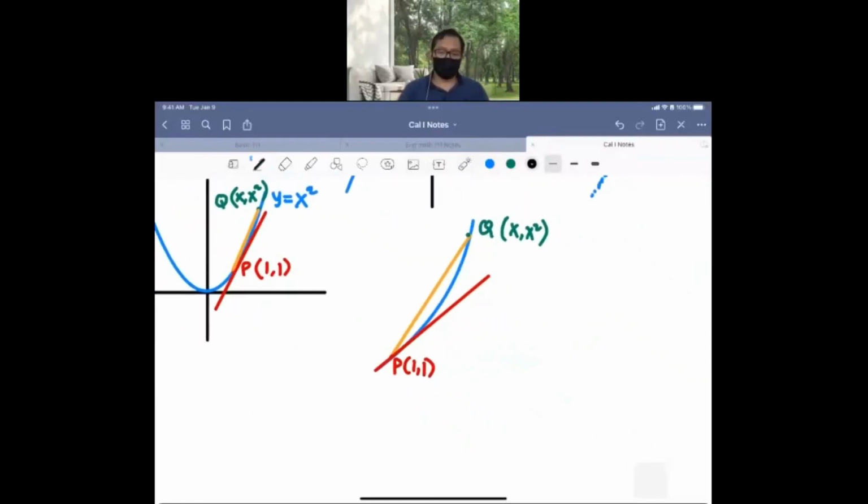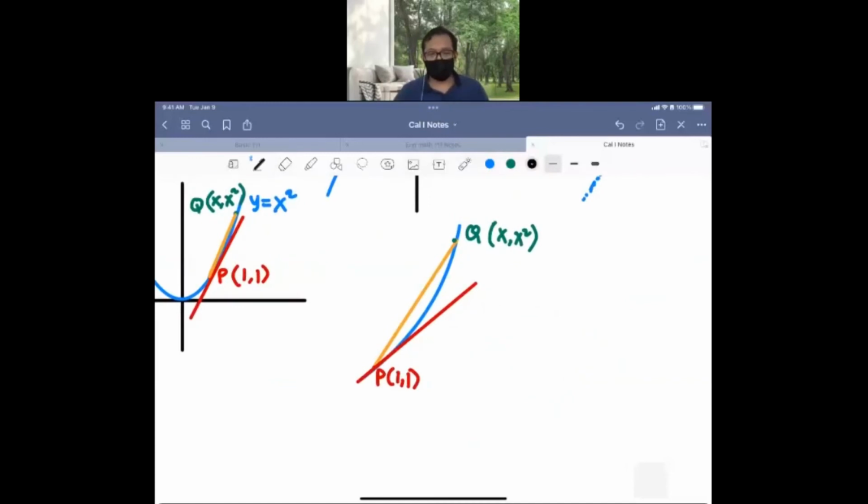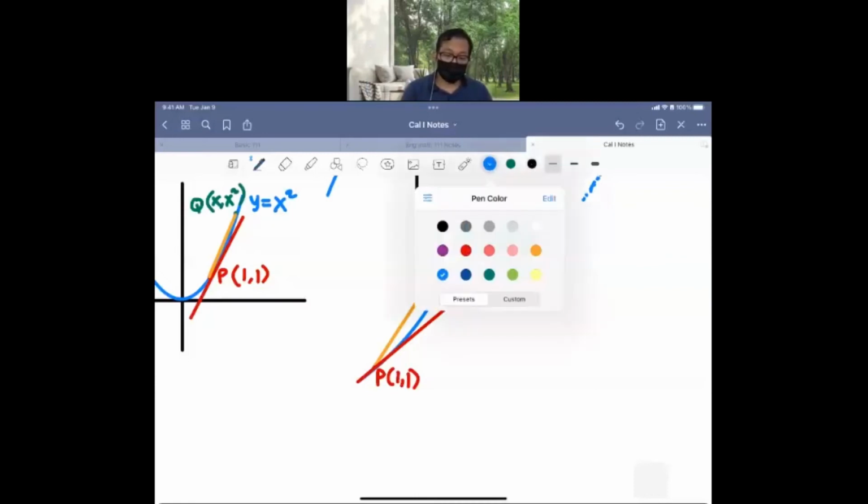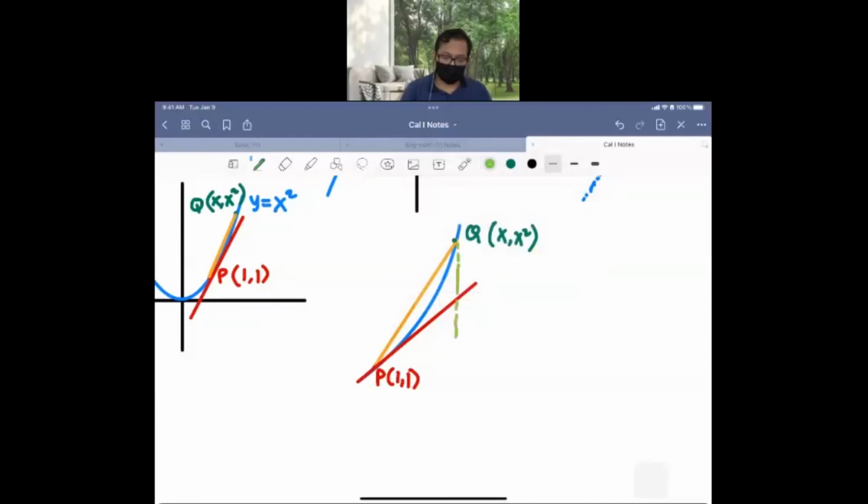Now the idea is, if we know this PQ, we can make our ratio for its gradient, which means we can take the ratio between this triangle here, delta y and delta x.